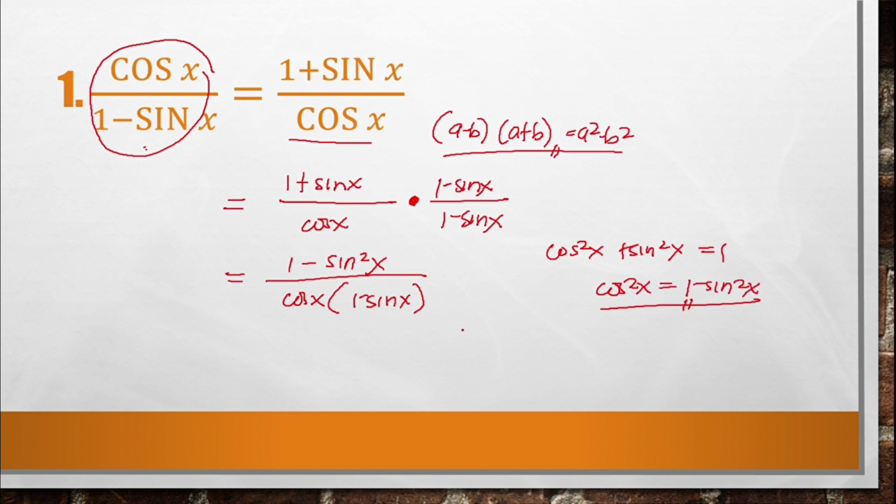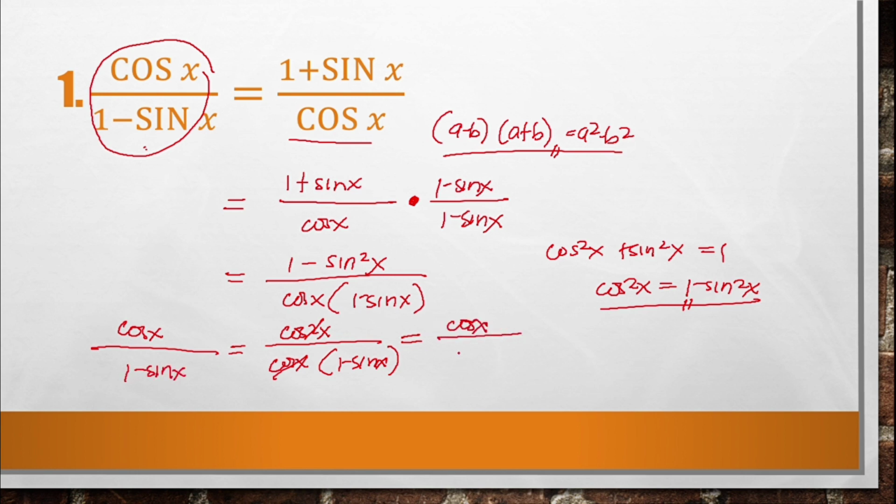So this is the identity, so therefore we have here cos squared x over cos x times 1 minus sine x. So cancel here 1 here. So therefore we have cos x over 1 minus sine x is the same with this one, cos x over 1 minus sine x. So therefore they are now the same.